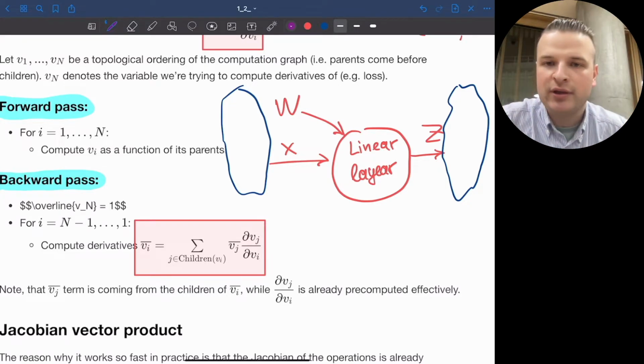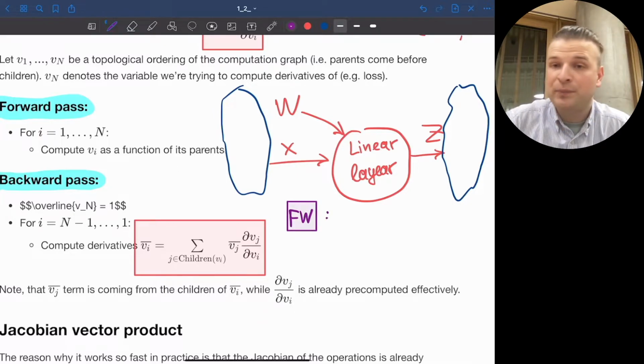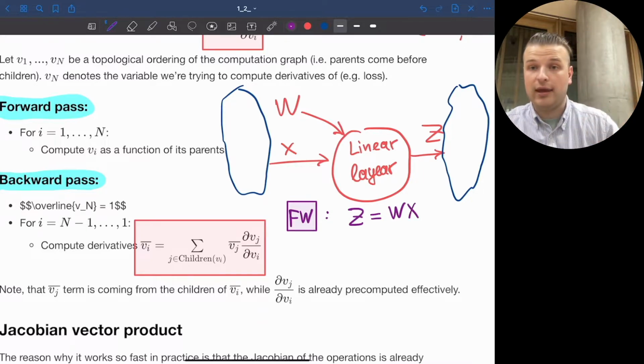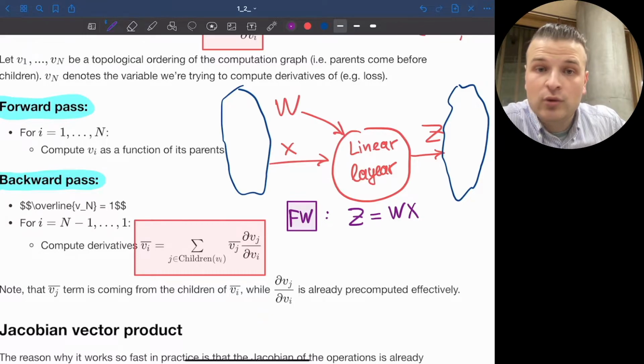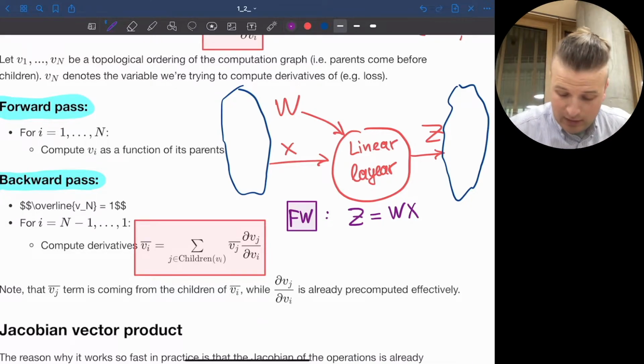For computing the forward pass, what do we do here? Forward pass means just calculating this multiplication. We just multiply matrix W by vector x and receive a vector z. Super okay, that's it.